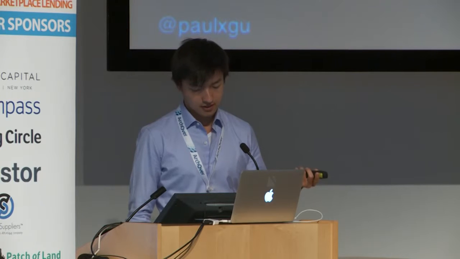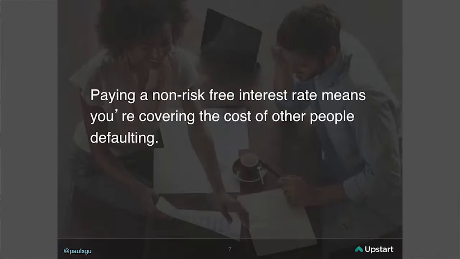Any given portfolio has a chance of losing you money, and so now you demand compensation for the volatility, and so now you've got a double whammy of higher rates that get passed along to the borrower, which is unfortunate. What it really means is that the world we have today is a world where people pay non-risk-free interest rates. And if you are paying a non-risk-free interest rate, that necessarily means that you're paying for other people's defaults.